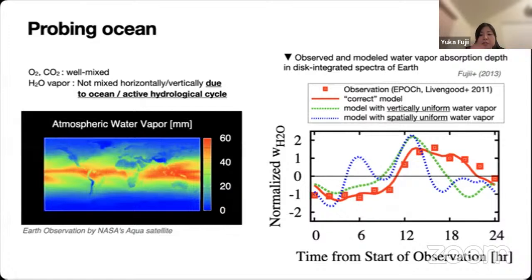The precision necessary to observe such a feature is higher than the detection itself, but this could also provide complementary information to the planetary surface.